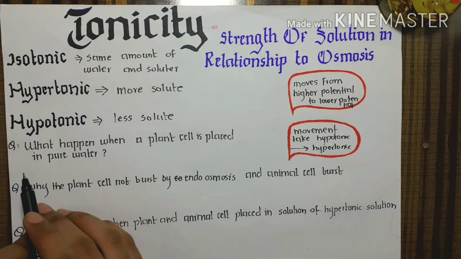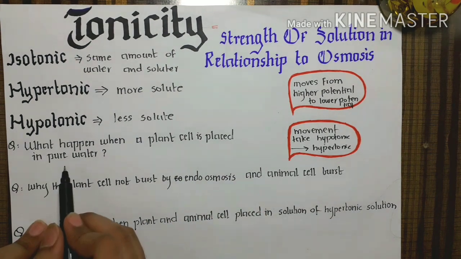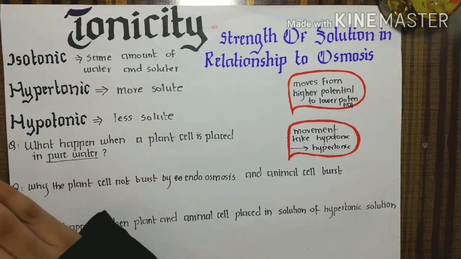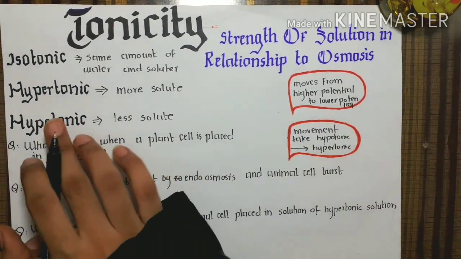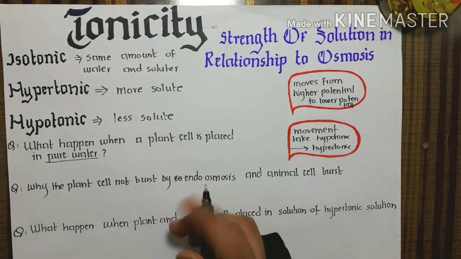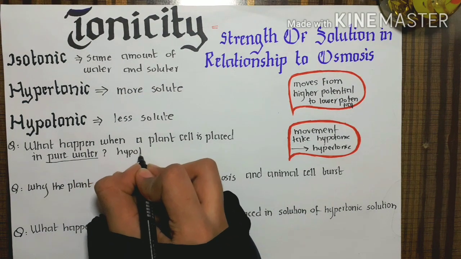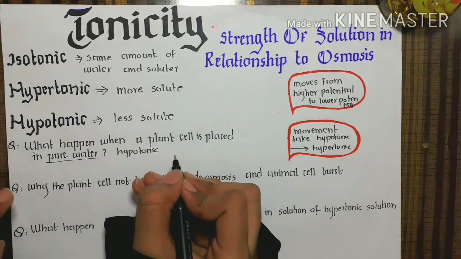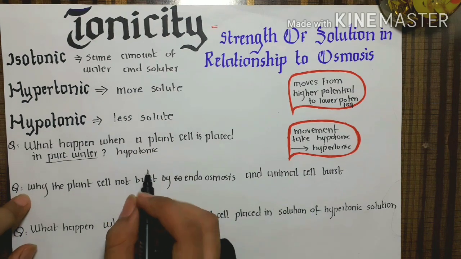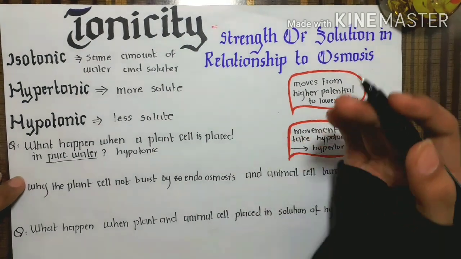So now let's see the first question. What happens when a plant cell is placed in pure water? What is pure water? Pure water is the solution having no solute, so it is hypotonic. Lower concentration of solute, it is minimum, less or zero. So our external solution is hypotonic, and inside, of course, the cell is hypertonic.